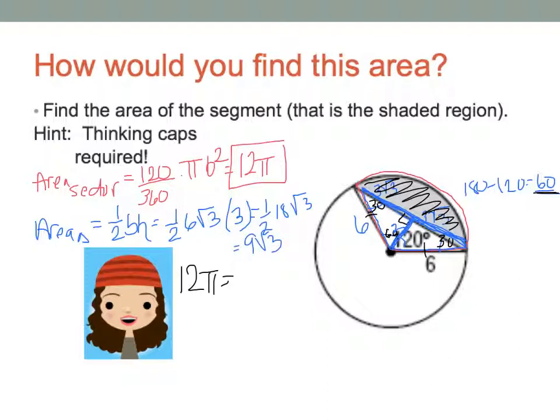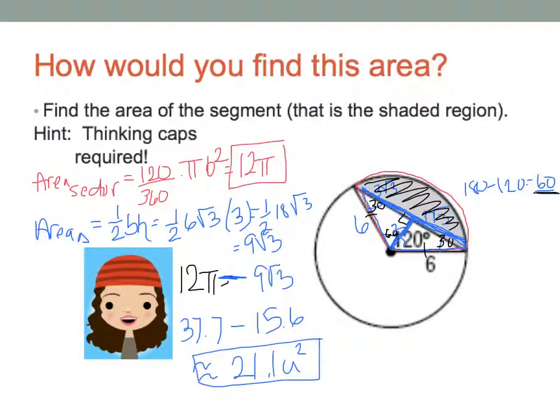So I have 12 pi minus 9 root 3. And 12 pi, I know you guys like decimals, is 37.7, minus 9 root 3, which is 15.6, so my answer will be approximately 21.1 units squared, or you could leave it like this with units squared as well. It's actually more accurate.